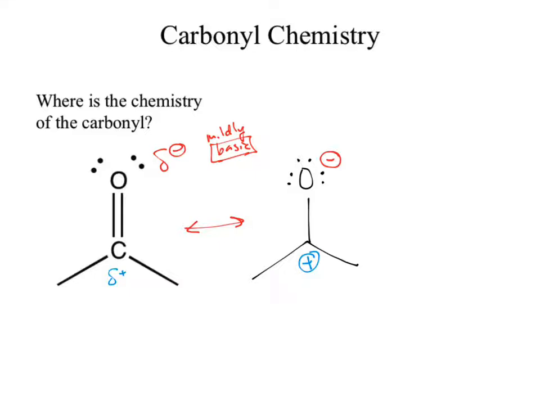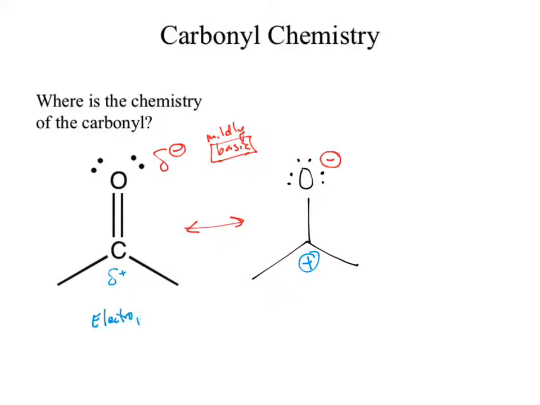Okay? What happens to the carbon? If the oxygen is our electron source and is basic, our carbon would then become? Neutral. Sorry? Neutral. No, it's partially positive. It would be an electrophile.